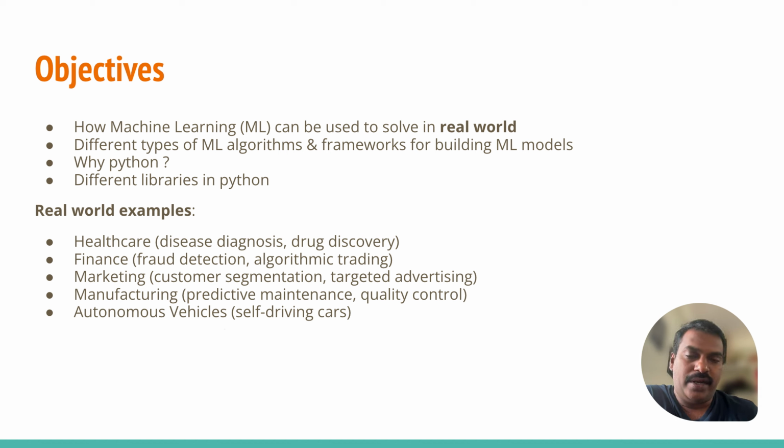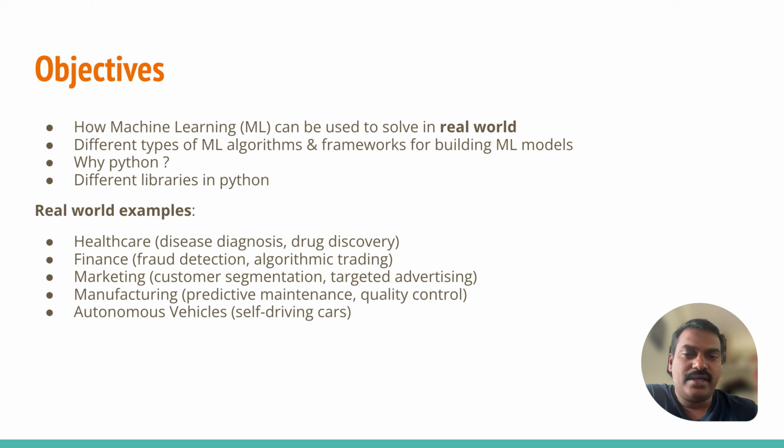It will also help with algorithmic trading. In marketing, it will help us identify customer segmentation and targeted advertisement. In the manufacturing industry, you can predict maintenance and do quality control.